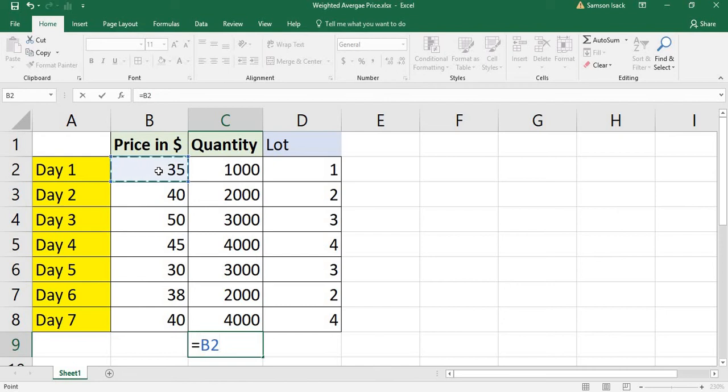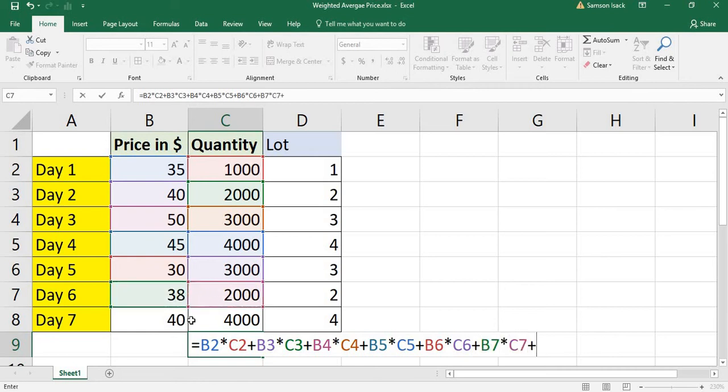It is B2 into C2 plus B3 into C3 plus B4 into C4 plus B5 into C5 plus B6 into C6 plus B7 into C7 plus B8 into C8.